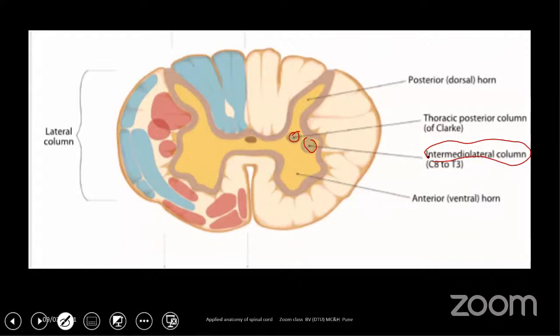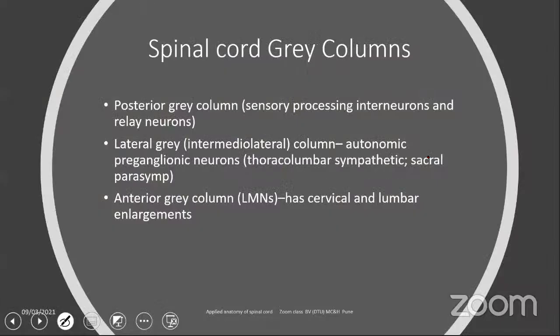This is the posterior dorsal horn, and there are various lateral column tracts which you will come to know. The posterior gray column has sensory processing interneurons and relay neurons. The lateral gray, the intermediolateral column, has autonomic preganglionic neurons: thoracolumbar sympathetic and sacral parasympathetic. The anterior gray column has cervical and lumbar enlargements.